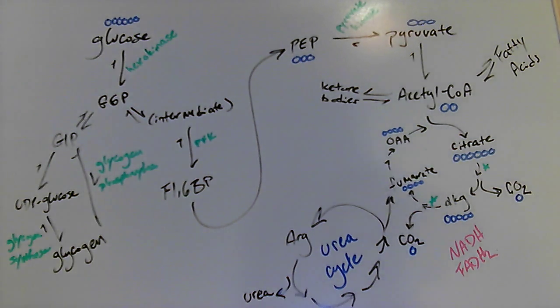So the point that I'm trying to make with all of this is that the irreversible or rate-limiting reactions are going to be the ones that are regulated hormonally by insulin and glucagon, because there's no sense in speeding up the already fast reactions if you want to get metabolism to go faster or to go in a different direction. So imagine that you're driving along from point A to point B and you have to go over a bridge, and the lanes go from 2 lanes to 1 lane as you're going over that bridge.